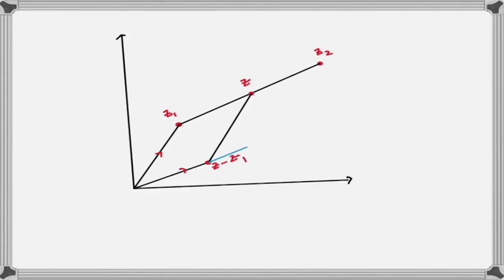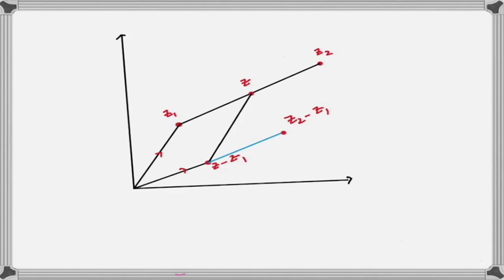Similarly, z2 minus z1 can be identified with this point. Hence, it is immediate that the angle that the segment joining origin and z minus z1 makes with the positive real axis is the same as the angle that the line segment joining origin and the complex number z2 minus z1 makes with the positive real axis.